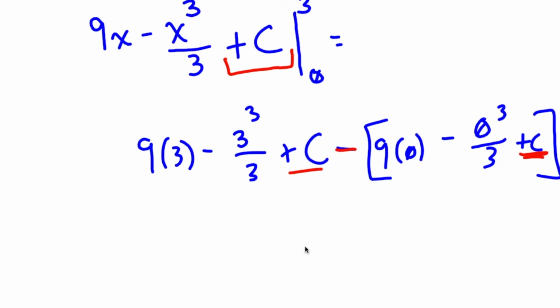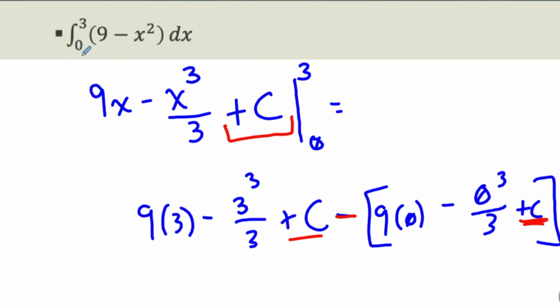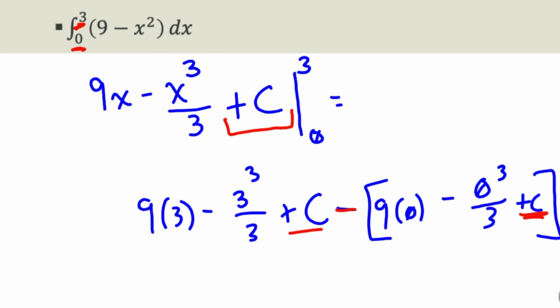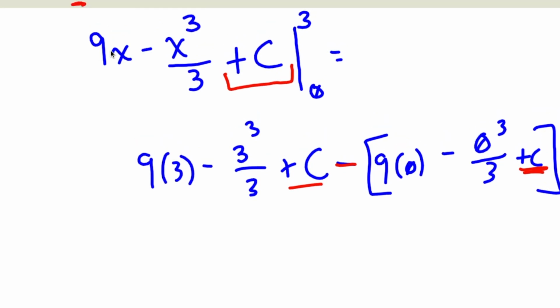So if you are doing indefinite integrals, with no numbers on your integral symbol up here, you need the plus c. But as soon as we start putting numbers up here, and we're doing the fundamental theorem of calculus, it is no longer necessary to have the plus c. So I'm not going to write that anymore, but I did want to show you here why we don't need to write it, because I think it's important that you know why it's no longer necessary.